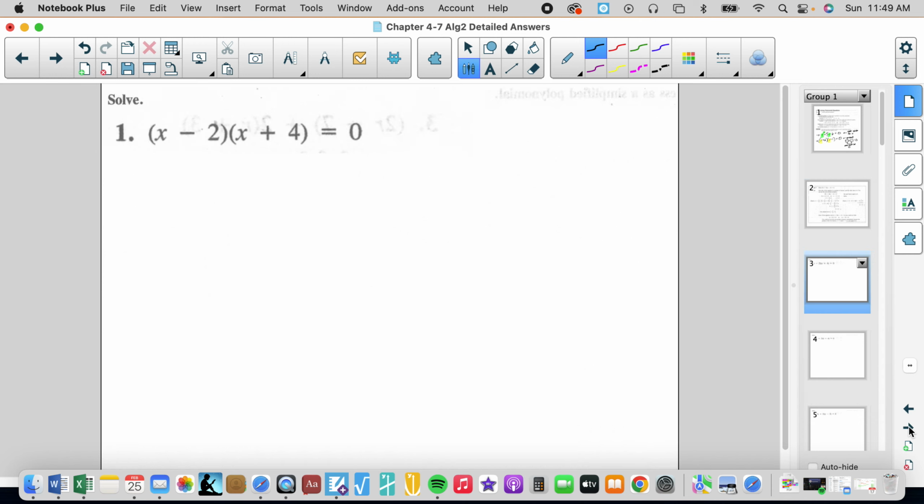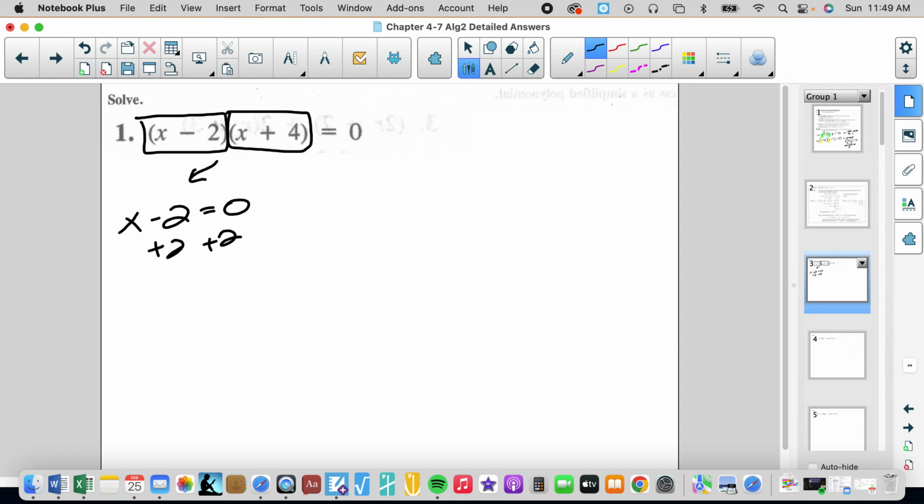Now we start off here, and so either this box needs to be 0 or this box needs to be 0. So what we do is we ask the question, okay, what value for x when it's x minus 2 will make it 0? So we add 2 and we get x equals 2.